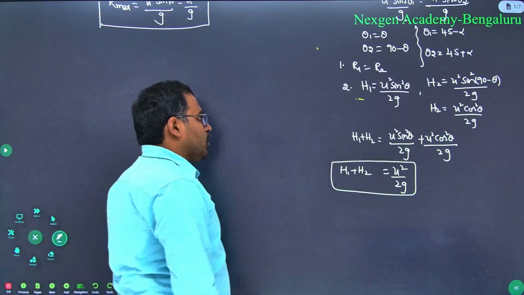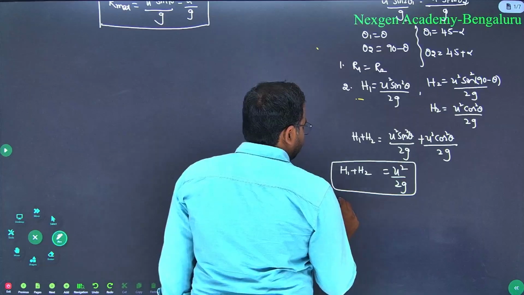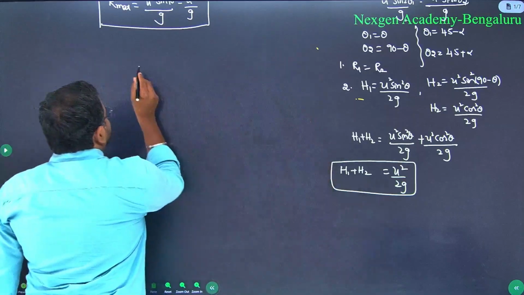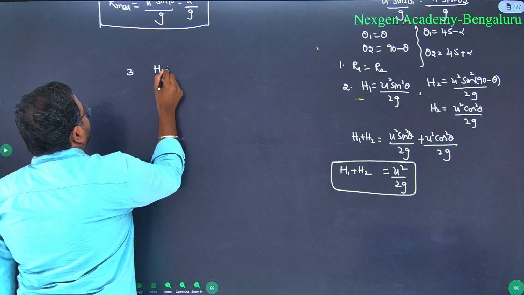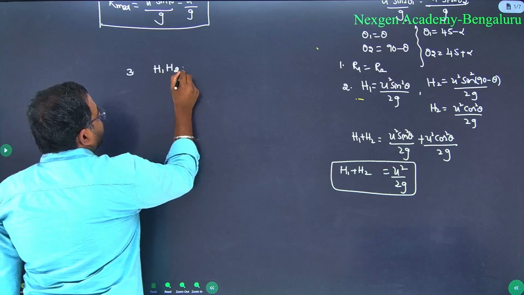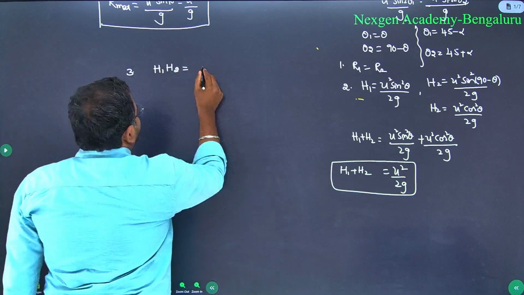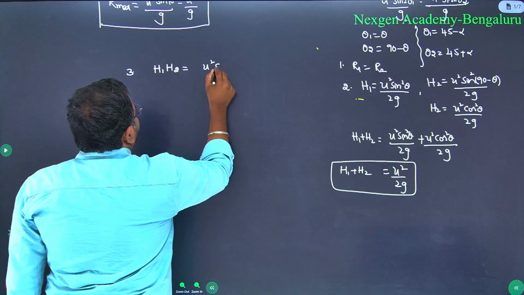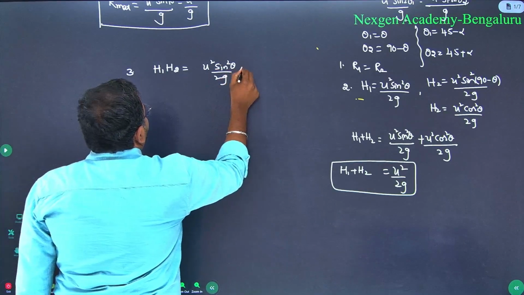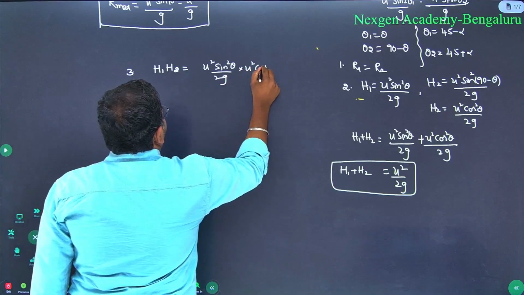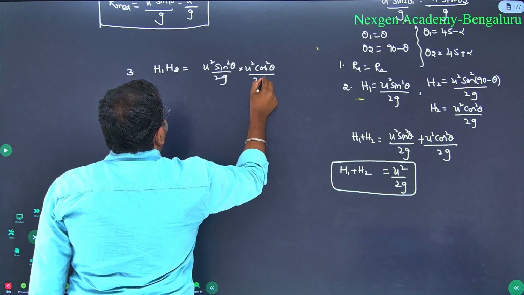Also, if you take the product, that is the third one, H1 into H2, that is U square sin square theta by 2g into U square cos square theta by 2g.